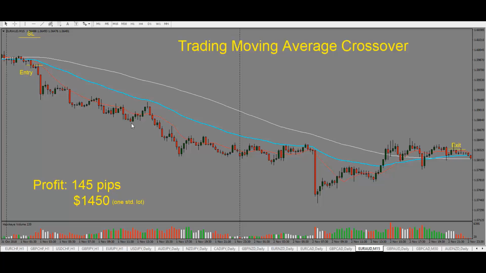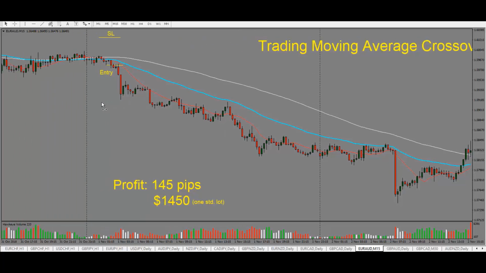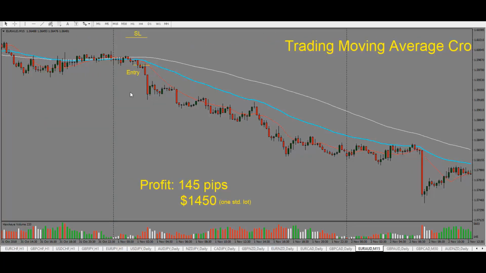So just to recap, we're looking to take an entry when the moving averages cross over in one direction, and then we exit the trade when they cross over in the opposite direction. In this case, we see that the moving averages cross to the downside.